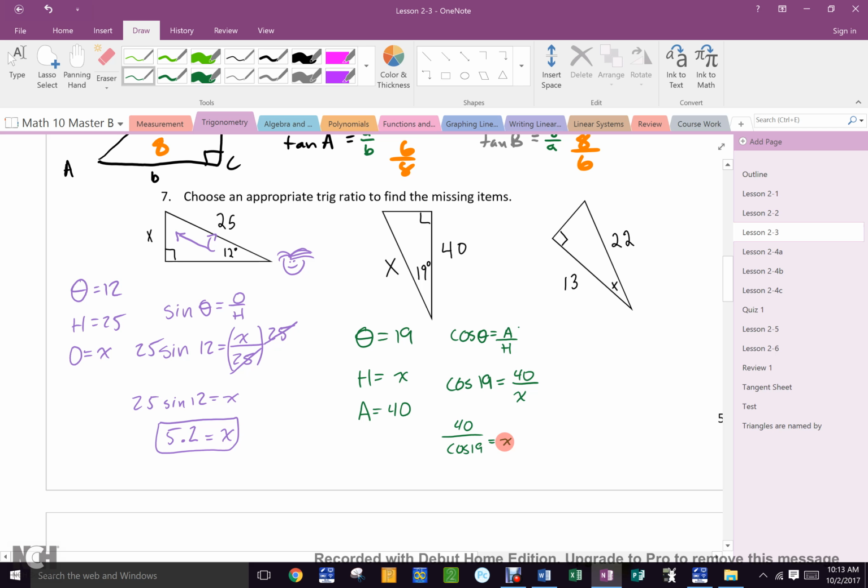These ones are particularly tricky, especially if you have a backwards calculator, because if you punch 19 cos, your screen is going to fill up with numbers. And some of you are going to stop. What haven't you pushed? You must push equals at the end of it if you have a backwards calculator. So what is your answer?